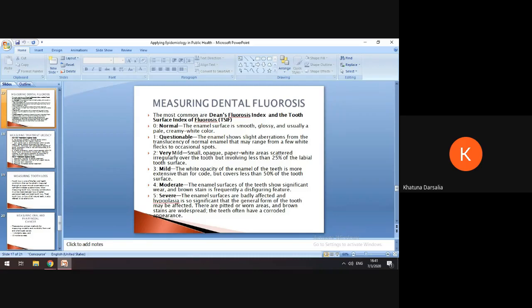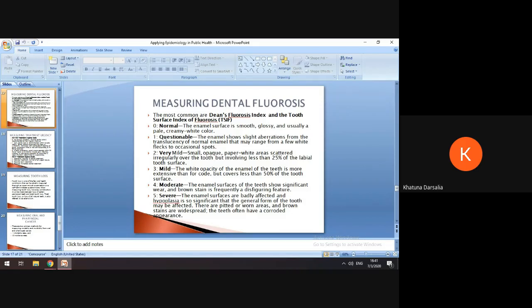The appearance of dental fluorosis varies depending on the quantity and timing of fluoride ingestion. It can range from barely noticeable to noticeable brown staining and pitting of the enamel.